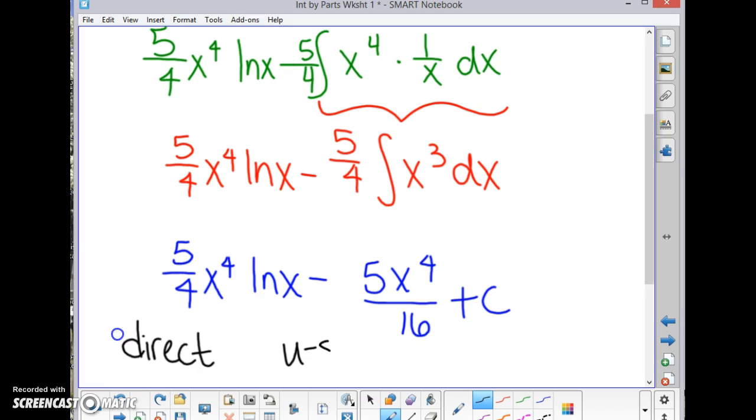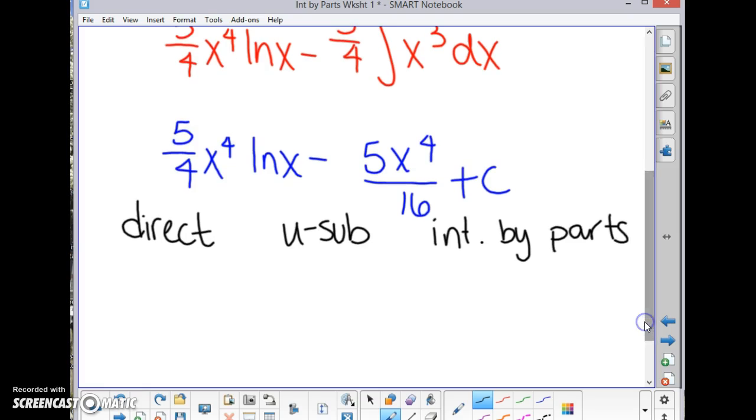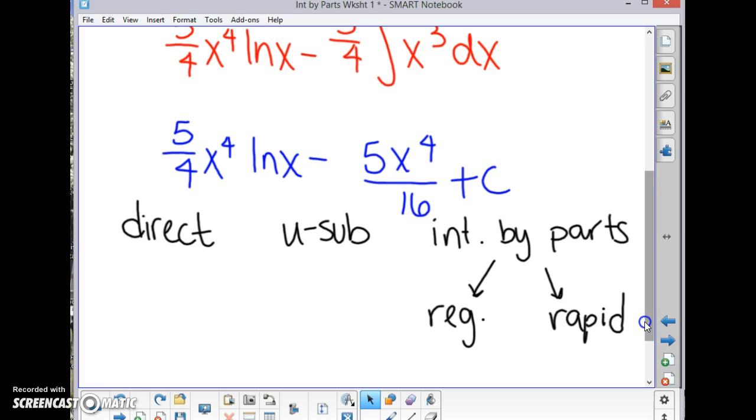Or you're going to have some where you need to use substitution, or some where you're using integration by parts. And then within integration by parts, remember some of them are going to be ones where you would just use the original regular integration by parts versus the one that we learned today, which will get you through the process faster if you have something that can get a derivative down to 0 and the rest of it you can actually integrate. Good luck.